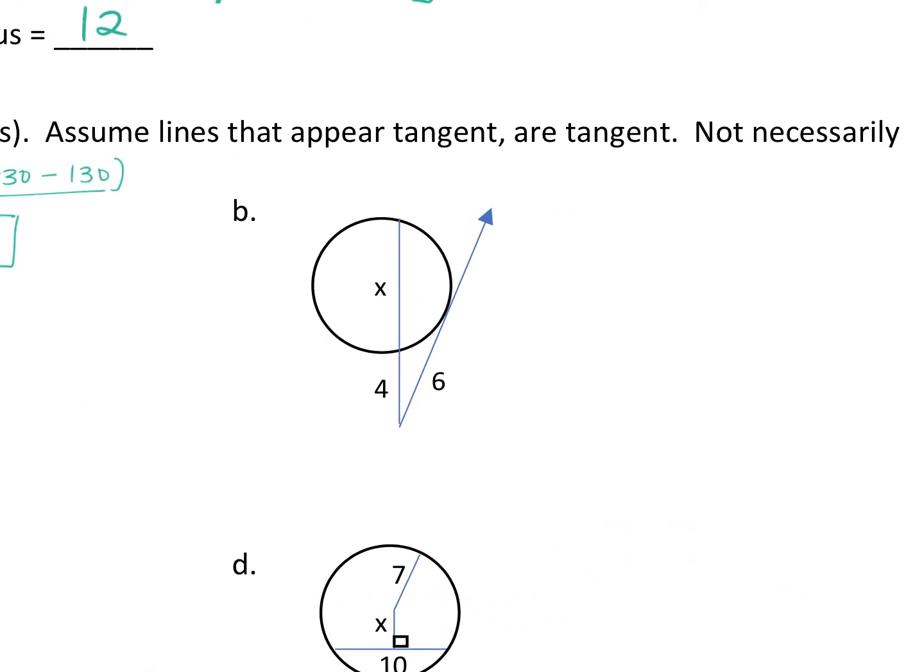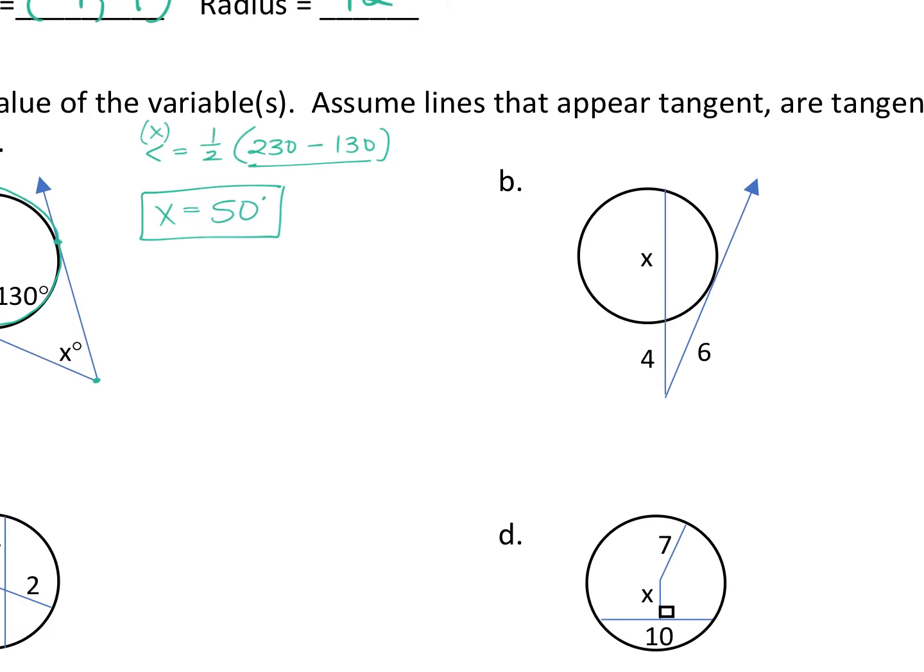All right, letter B. This one is segments, not angles and arcs anymore. And you do have a tangent one right here. That's the 6, right? So when you have a tangent, then you set it up 6 squared equals, and then it will be 4, right? From the point to the circle is 4.